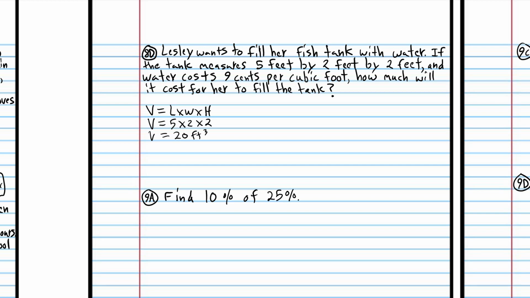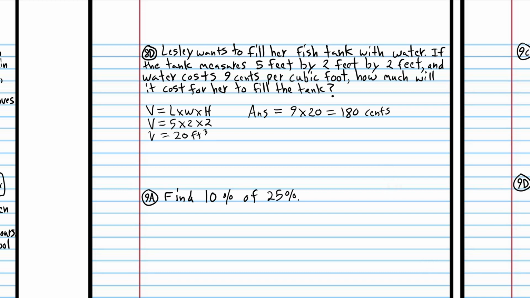And so that's the total. So we need to figure out, it's 9 cents per cubic foot, and there's 20 cubic feet. So the answer would just be 9 cents times 20 cubic feet, which is 180 cents.